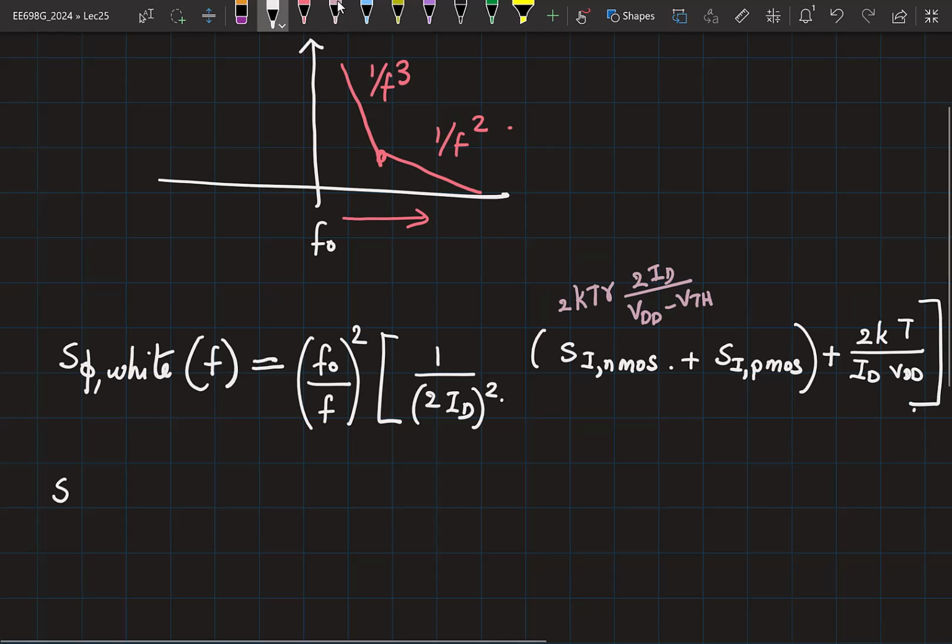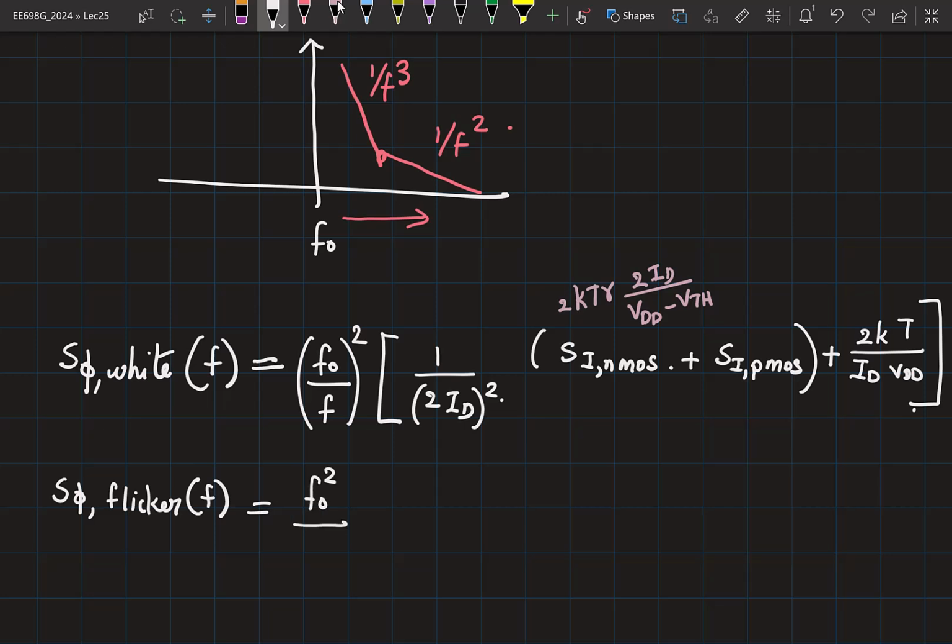Now the second expression is for S_phi flicker. You see f0 square by f cube, into 1 by 4 N ID square, into S 1 by f NMOS plus S 1 by f PMOS.